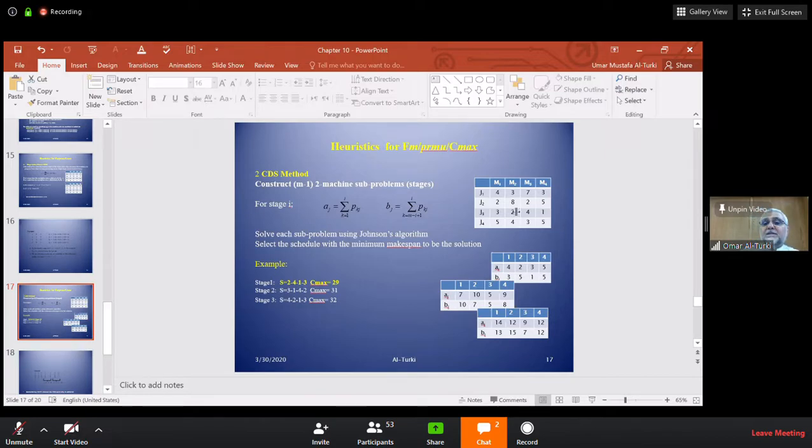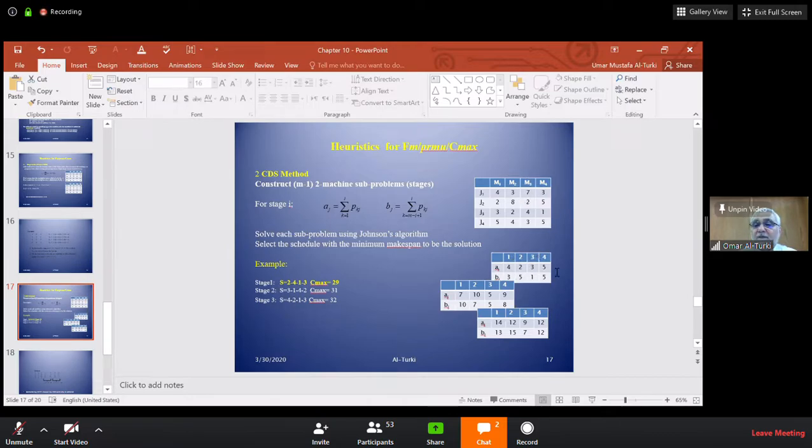To demonstrate this, look at this example. I will take machine 1 and machine 4, just ignore the middle two machines. Take the first and the last machine. Consider this as a two machine problem. Solve it using Johnson. Just ignore M2 or M3.